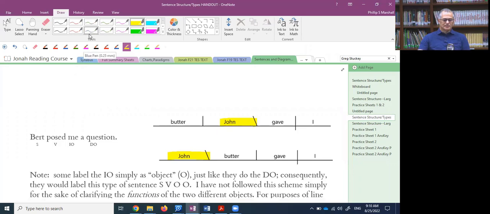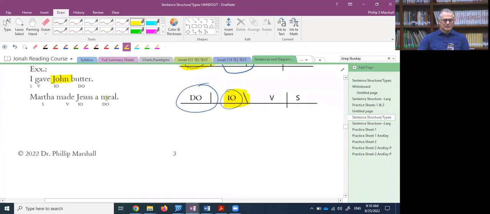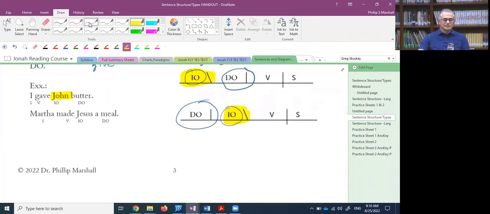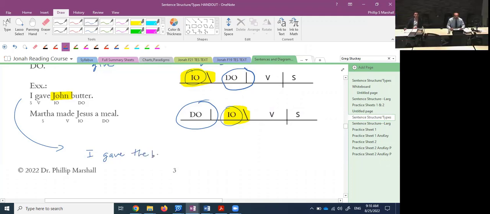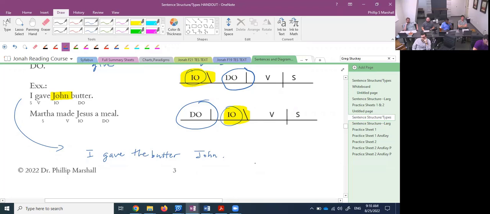Here's an example. Let me just rephrase the first sentence. I gave the butter. Can I just say I gave the butter, John? What am I missing here? Preposition. Exactly.